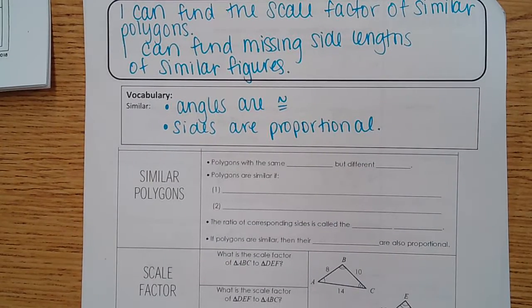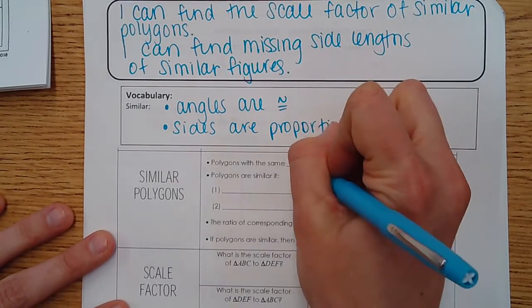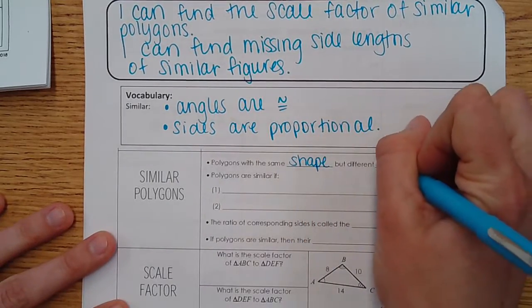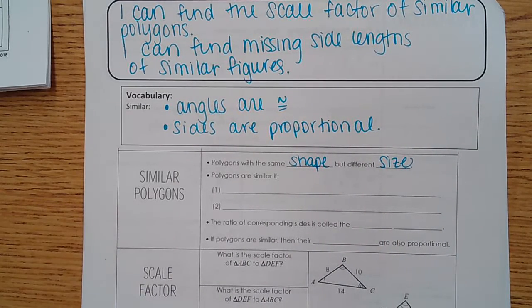So similar polygons are polygons with the same shape but different size. It's going to be the exact same shape. If it's a triangle, and one side is longer than another, the similar figure is also going to have a side that's longer, but their sizes are different.